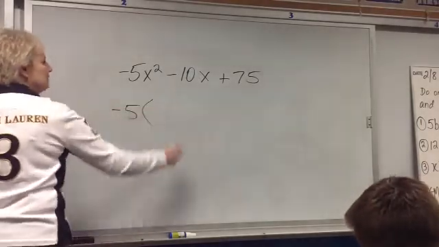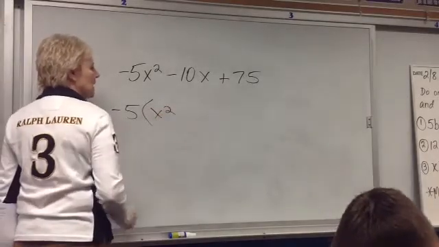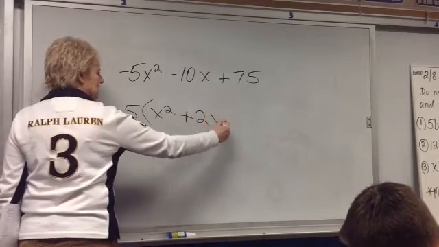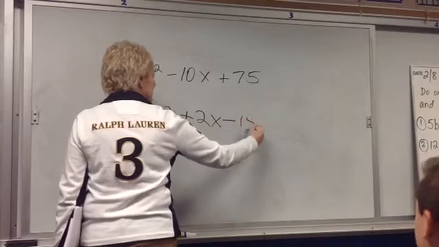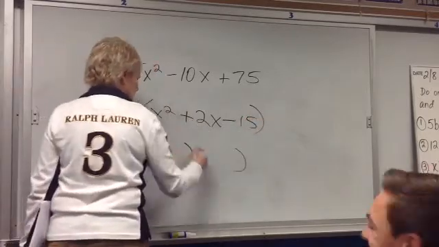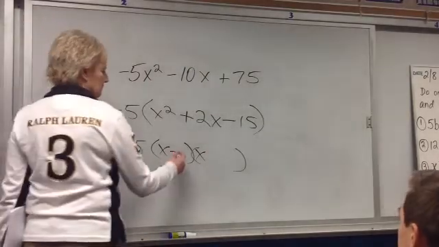Negative 5. Yeah. X squared plus 2x minus 15. Mental math. What's the final answer? Negative 3 plus 5.